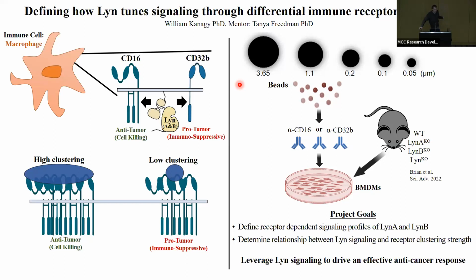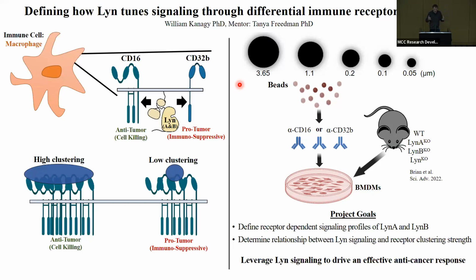How are we going to tackle this question? By refining this method that I'm working on in the lab right now. The first part you can see is these beads that I'm going to use. These beads are how I'm going to be clustering the receptors. By using different bead sizes, you're able to modulate the receptor clustering that's occurring on the cell surface.